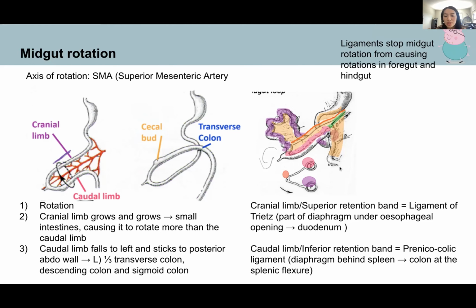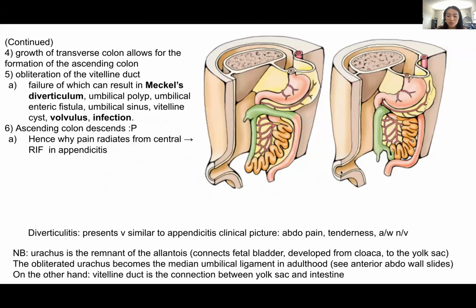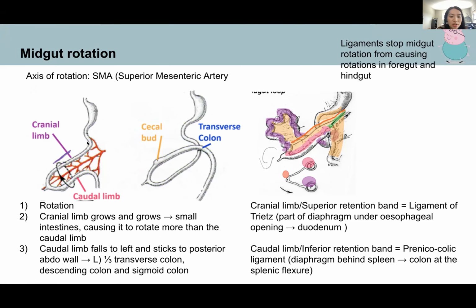There's the superior retention band, which is over here on the cranial limb, and it's called the ligament of Treitz. And it's basically attached to the part of the diaphragm that creates the esophageal opening.